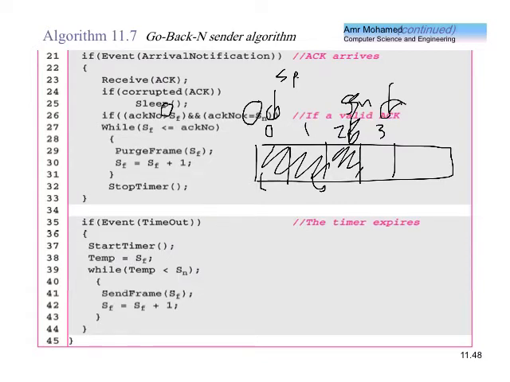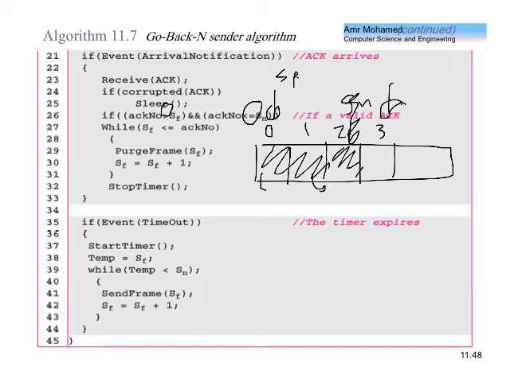Remember, SF is at location 0, at frame 0. But I receive an acknowledgement of 3. Is this valid? Yes, it's valid. This means that the receiver is telling me that it received 0, 1, and 2 successfully, and it's expecting to receive 3.